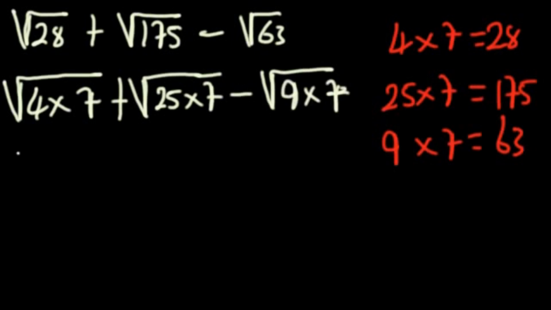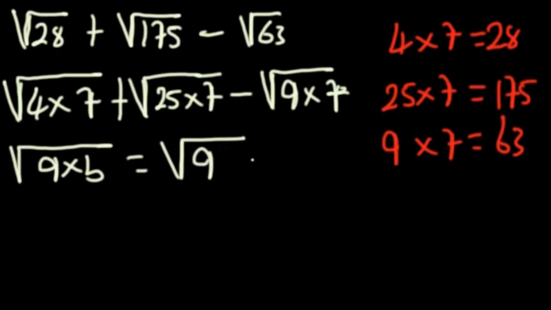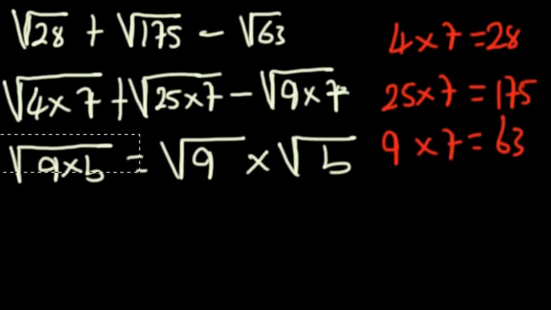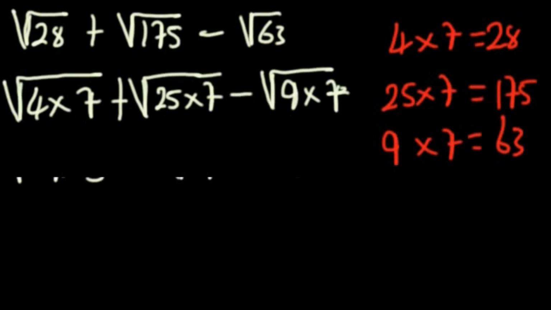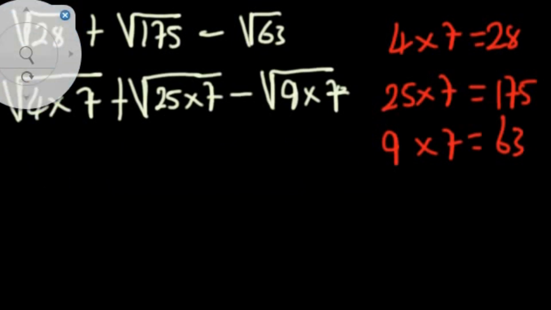Now we said square root of a times b equals square root of a times square root of b. So therefore, we can split.